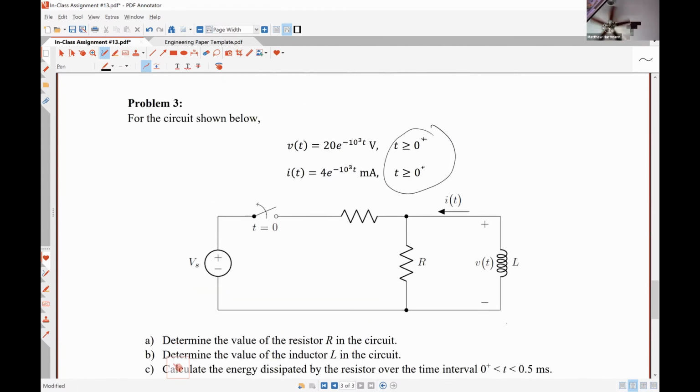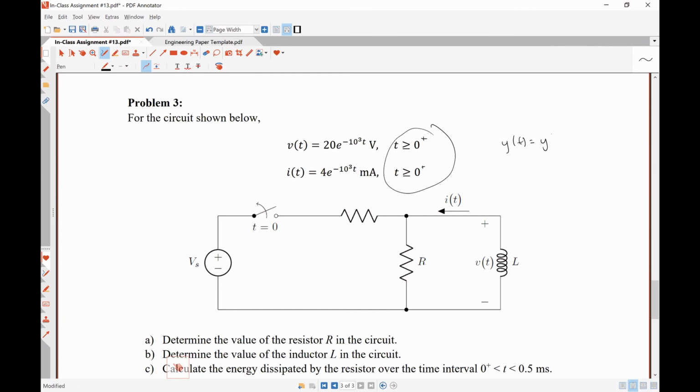So in our generic equation, where about does the inductance value come into play? We're only going to look for t greater than 0 minus just to make things easier.